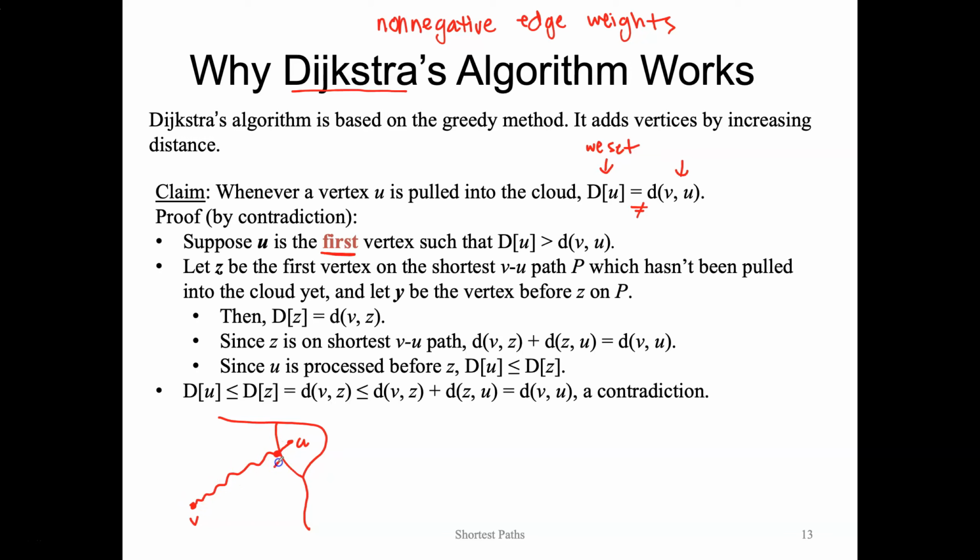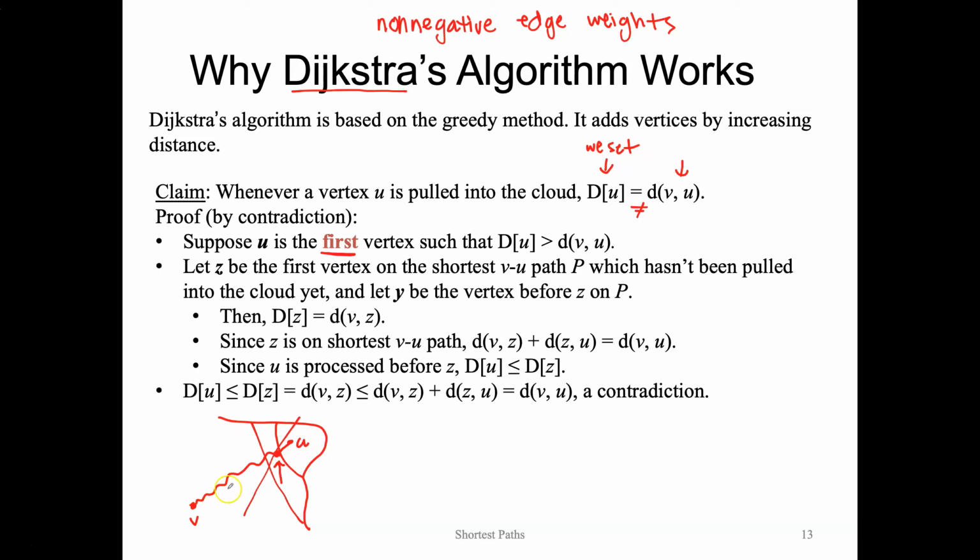And since u was the first one whose distance label was wrong, then if this entire path was in the cloud, then the vertex before it, its distance label would be correct. And then when we relax this edge, we would have correctly updated u's distance label. So if we wrongly set u's distance label, then that means this didn't happen.